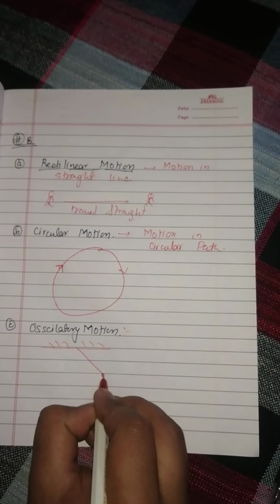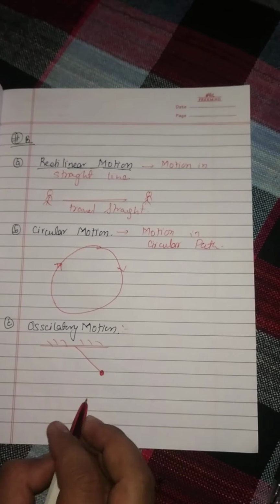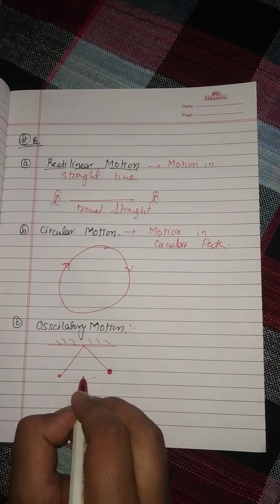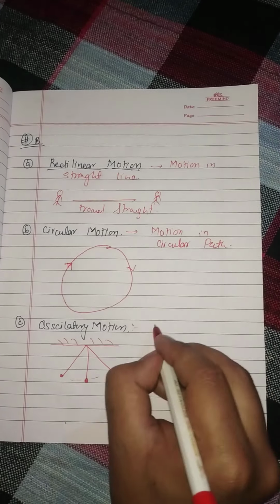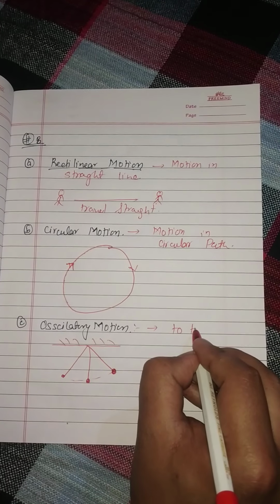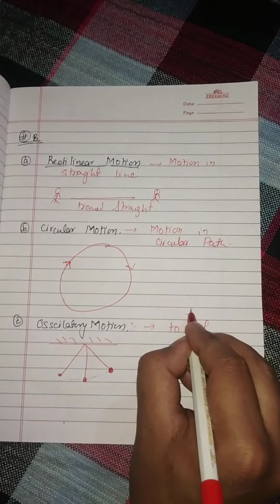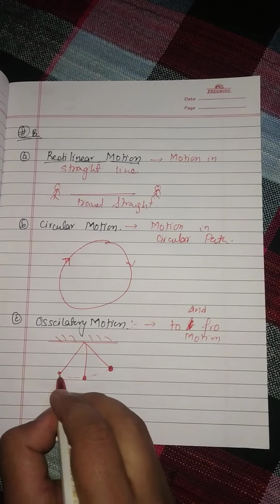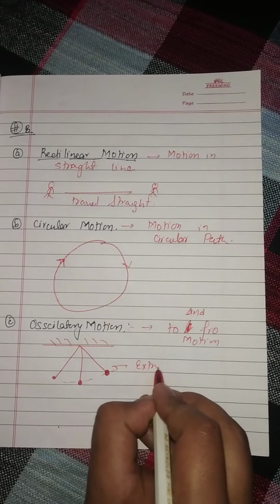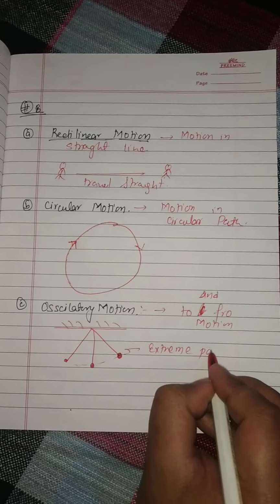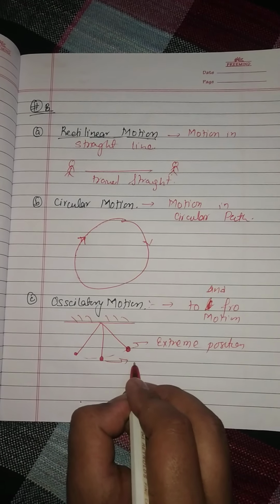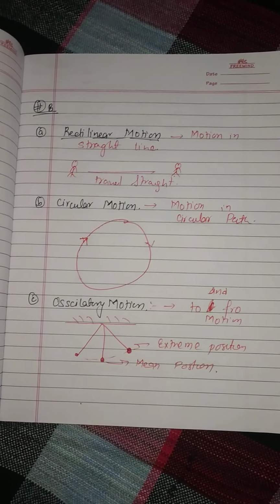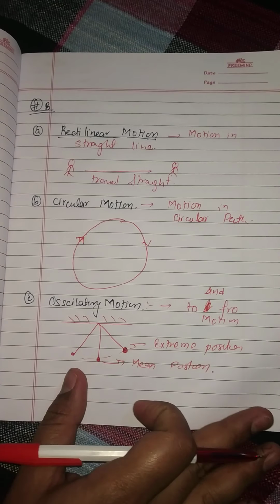This is a pendulum. This is the thread, this is the bob, and it is just oscillating. This type of motion is called to and fro motion. This point is extreme, meaning the highest position, and this is initial, we can say it is the mean position.